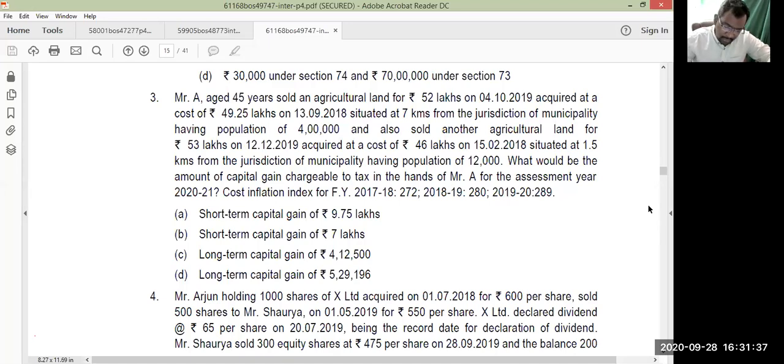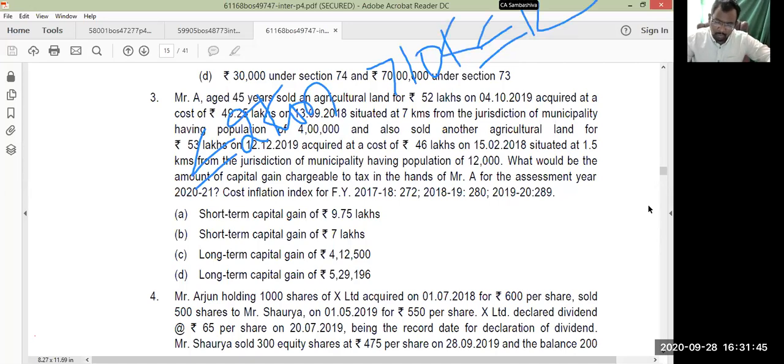So just now we have seen, if the distance is less than or equal to 2 kilometers, the population should exceed 10,000, but not exceeding 1 lakh. So 1.5 kilometers, satisfied, and population 12,000, satisfied. Greater than 10,000, yes. So distance condition satisfied, population condition satisfied. So that 1.5 kilometers area is to be treated as a specified area.